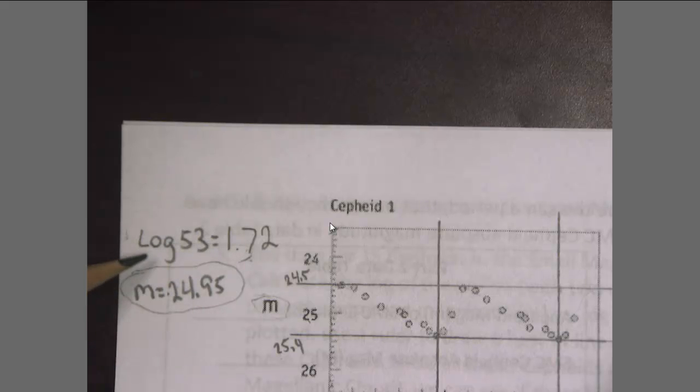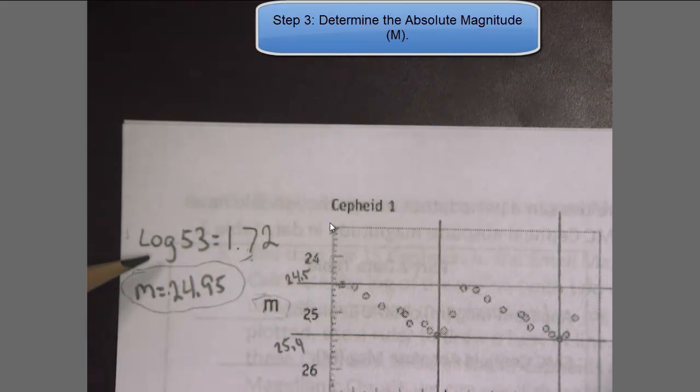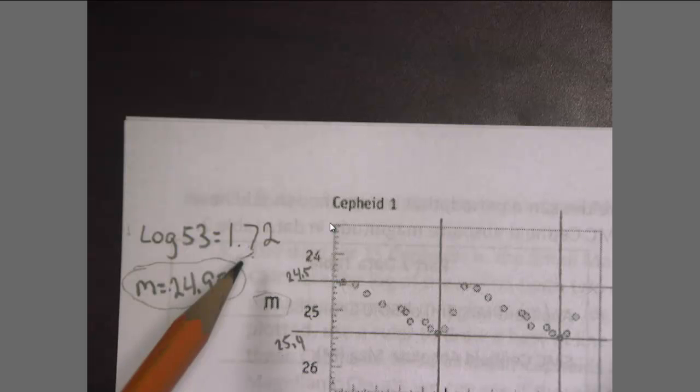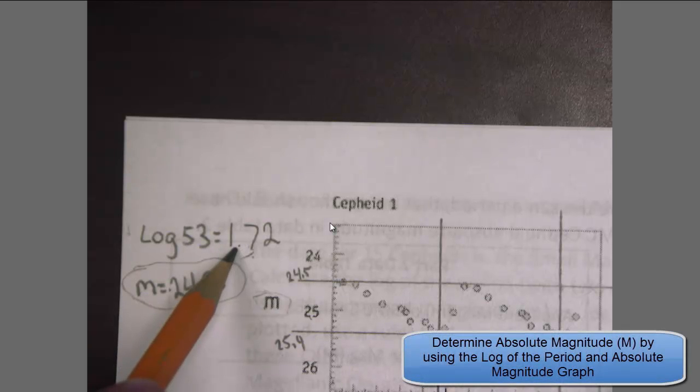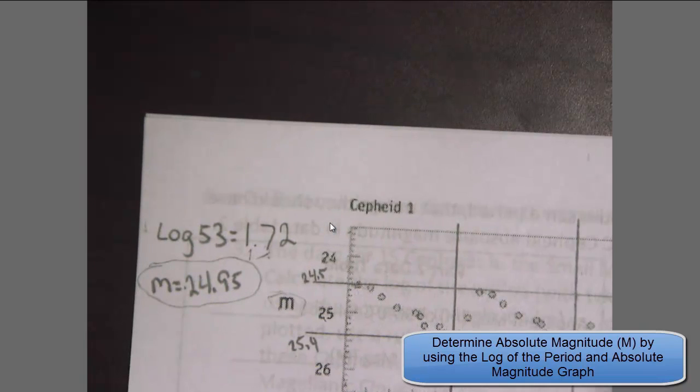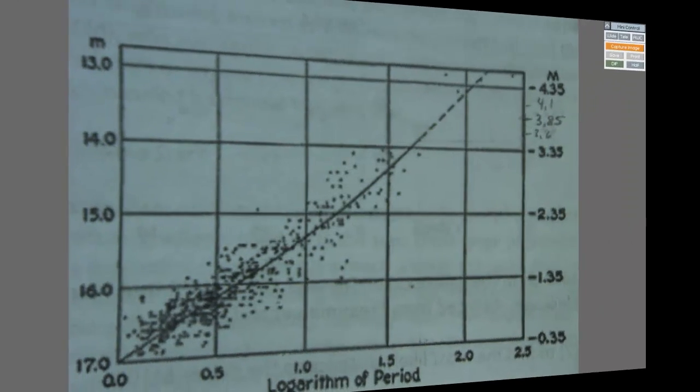Next we need to go back and determine the absolute magnitude. In other words, very similar to the luminosity of this star. We use that by using the log of the period. All right. So, got to flip the page over. All right.